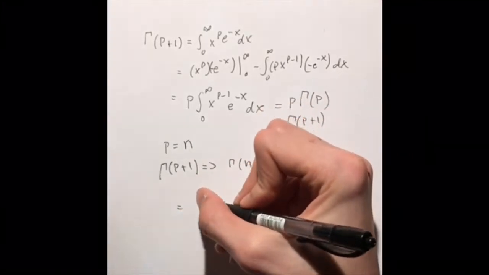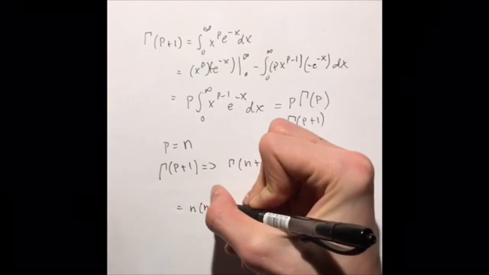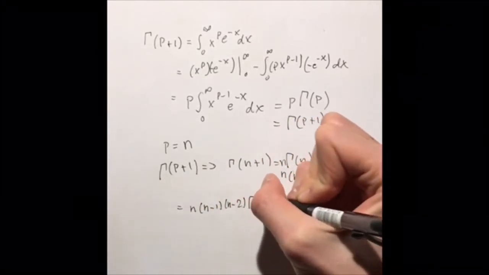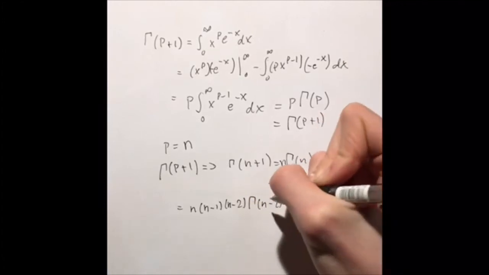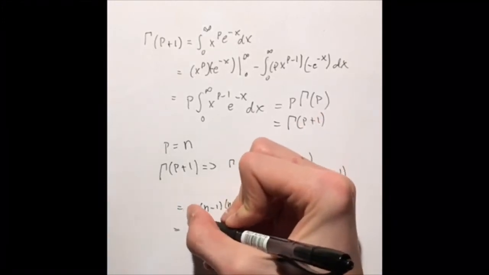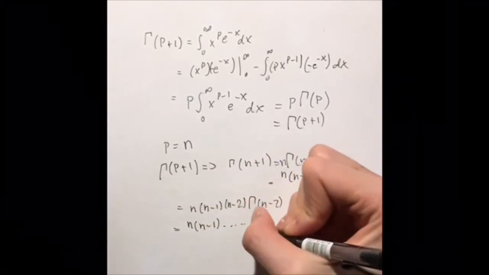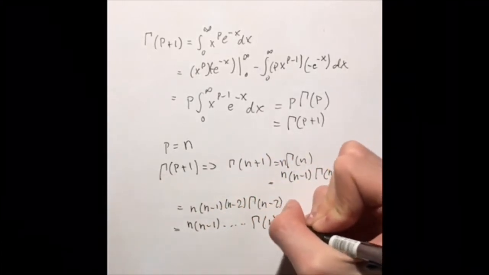This is equal to n times n minus 1 times n minus 2 times gamma of n minus 2, which is equal to n times n minus 1 and so on, times gamma of 1.